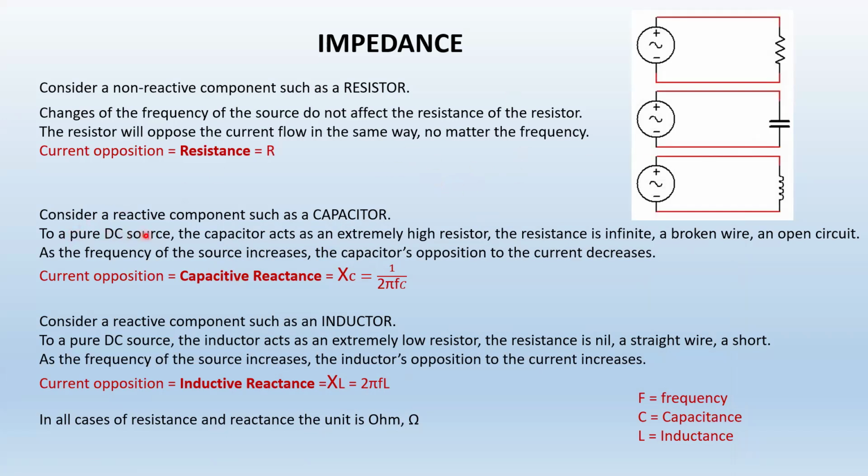So, capacitive reactive components: how does a capacitor behave with a pure DC source? I hope I didn't confuse you with that concept that I just showed you. But let's say a DC source is a straight line.